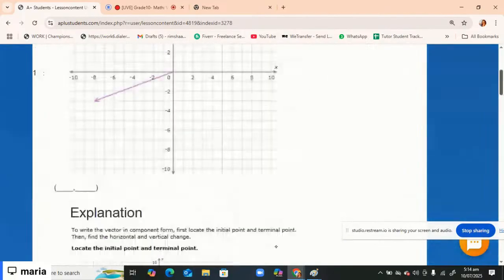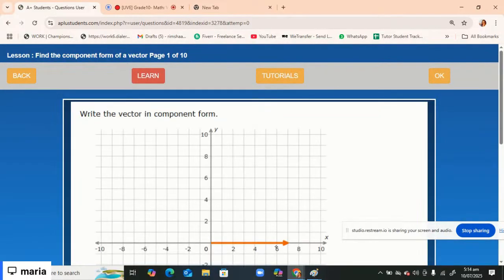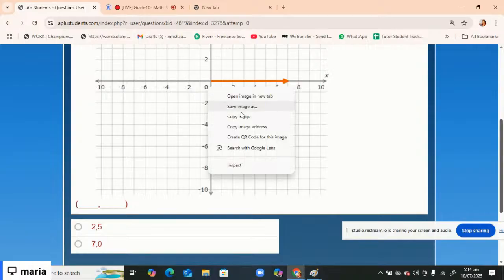All right, let's do the test questions. So let's do it. How do we find these points? First of all, we are going to copy this and then solve it.